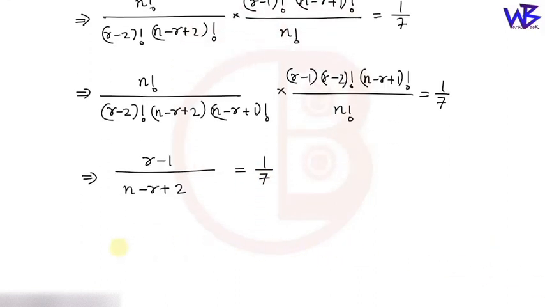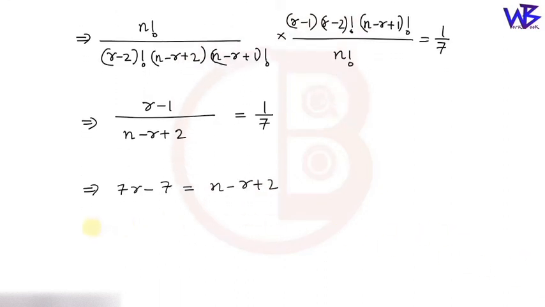Now if I cross multiply, I'll get 7r - 7 = n - r + 2. Writing n in terms of r, I get n = 8r - 9. Let this be equation number 1.